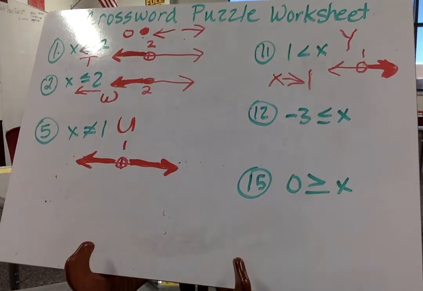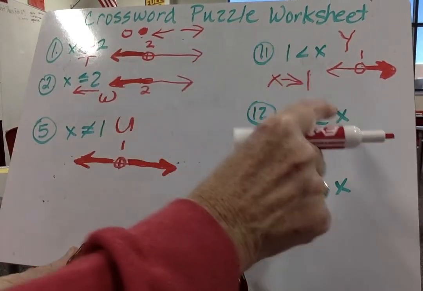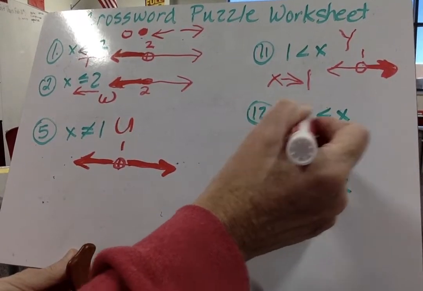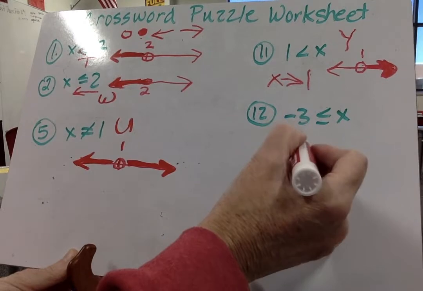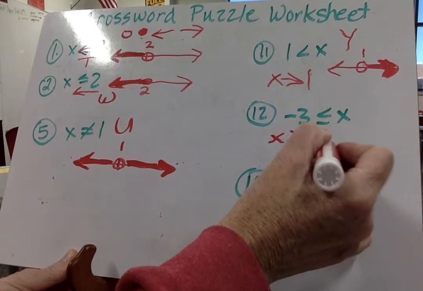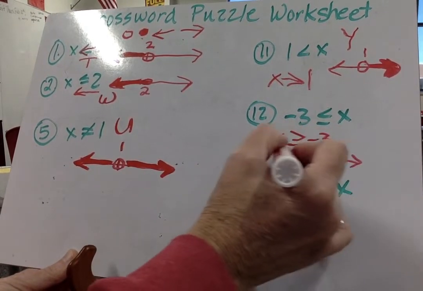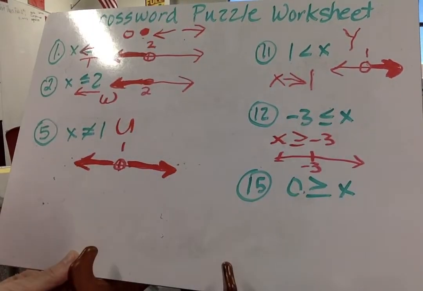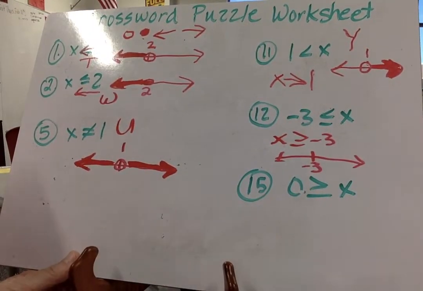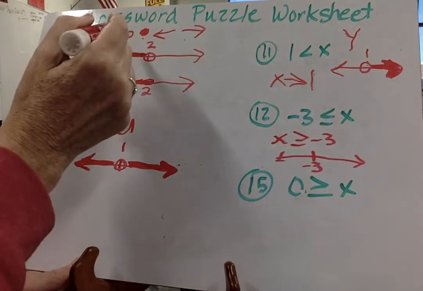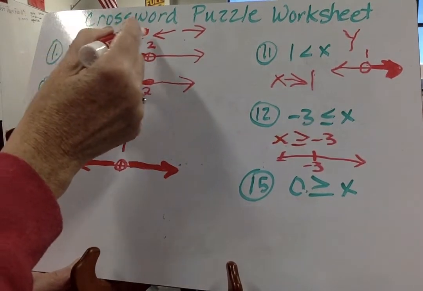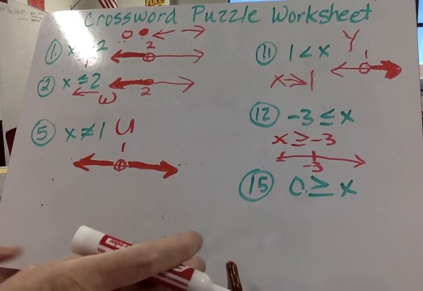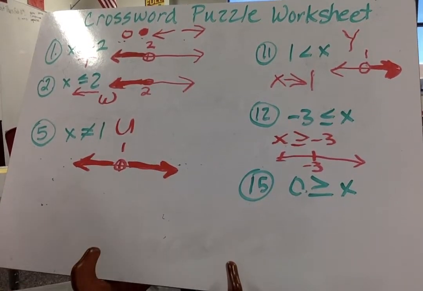Okay, 12 is similar to 11, where we have the X over here. We're going to move the X over here, and we're going to switch the sign. So we have a number line, -3. Okay, now we decide whether it's solid or open dotted, and whether it's left or right.